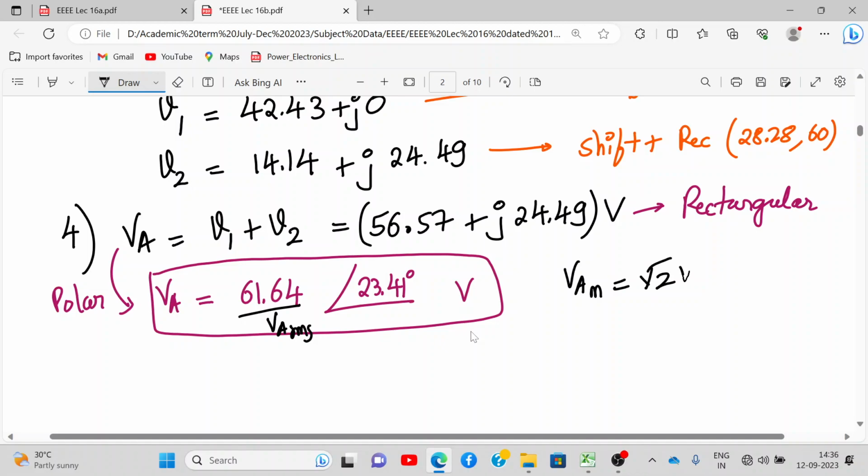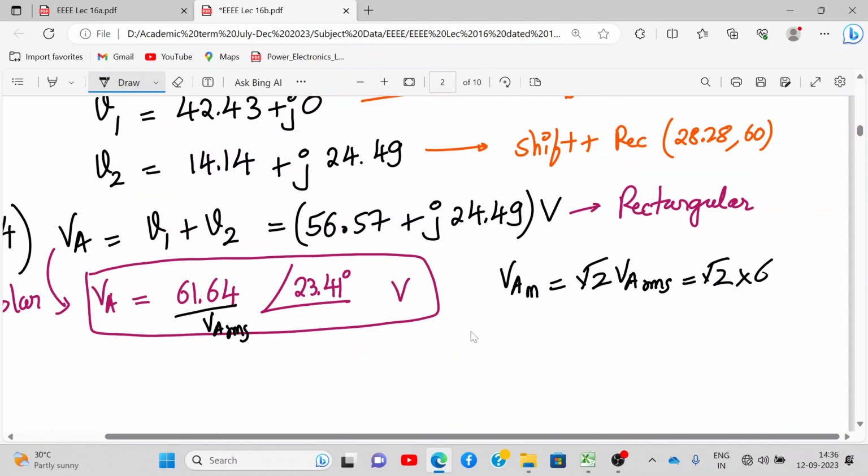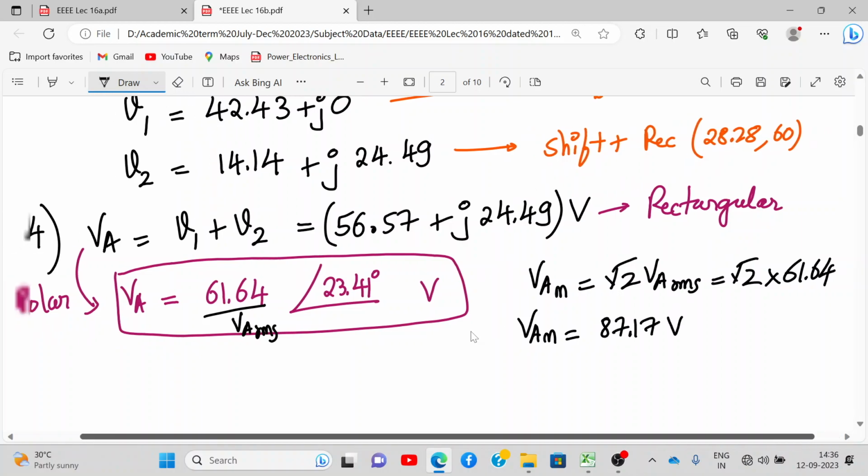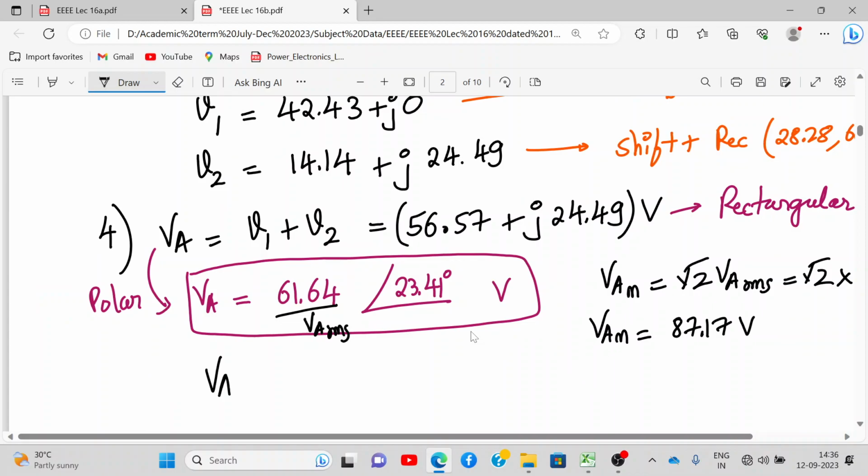So root 2 times VA RMS. So that will be root 2 times 61.64. So VAM will be how much? 87.17 volt. So now what is the standard form? 87.17 sine omega t plus 23.41.